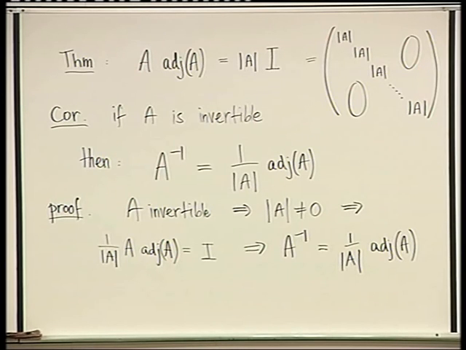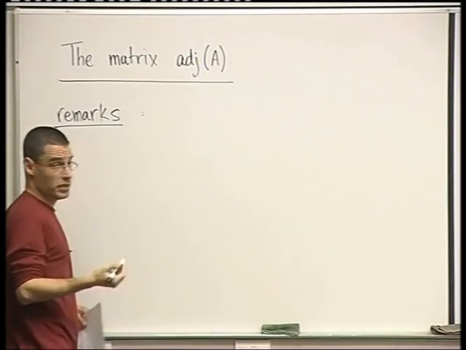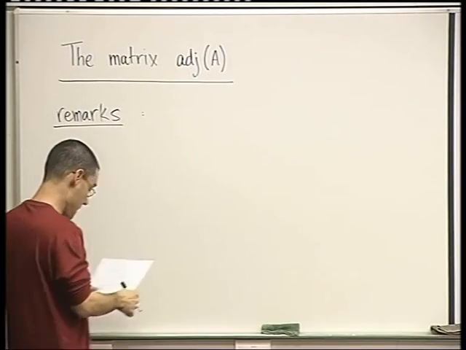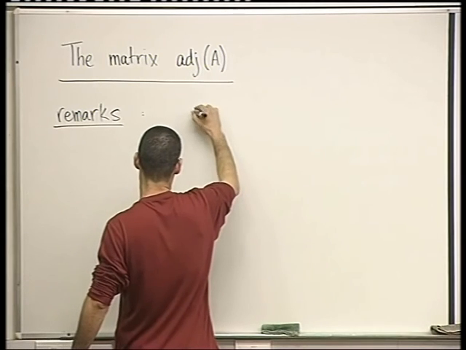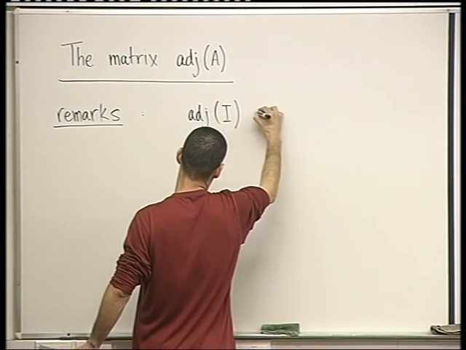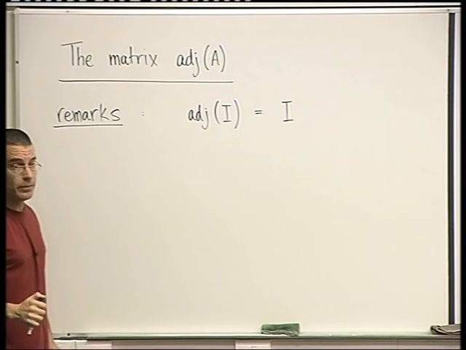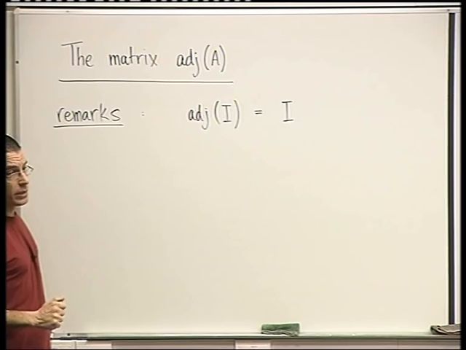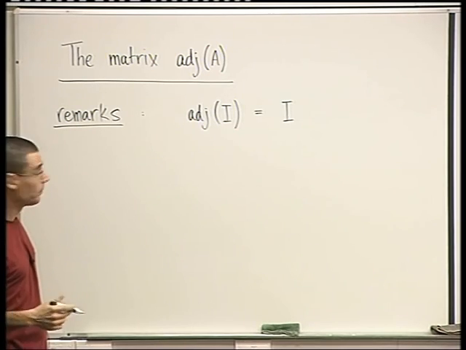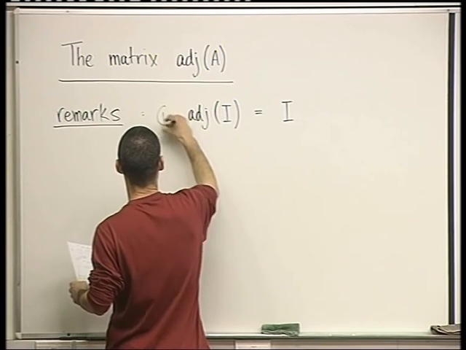In fact, these are properties, and we know that properties is a different way of saying theorems, and you need to prove them. And I'm not saying they're hard to prove. In fact, they're not. But I just don't want to spend more time on this. So the adjugate matrix of the identity is the identity itself. You can easily verify that. And so this is 1.